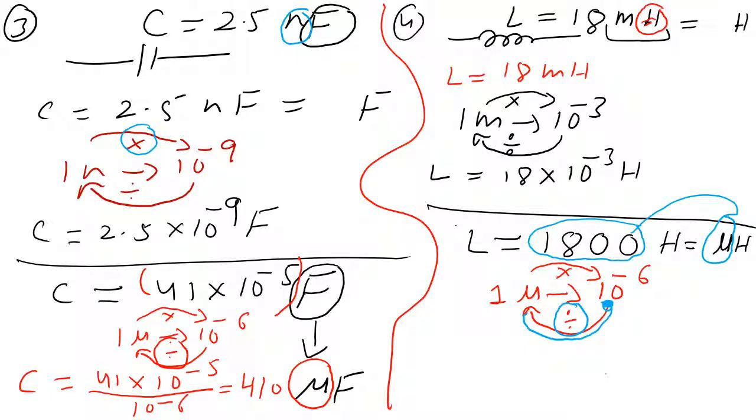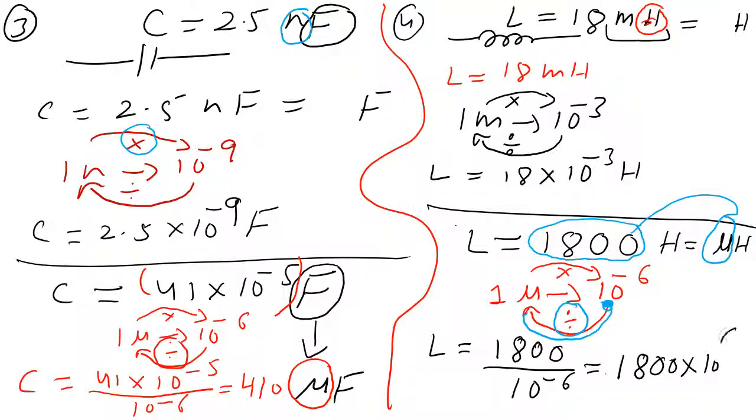So now L is equal to 1800 divided by 10 to the power minus 6. You have to divide. So your answer will be 1800 into 10 to the power 6, and this is Henry.